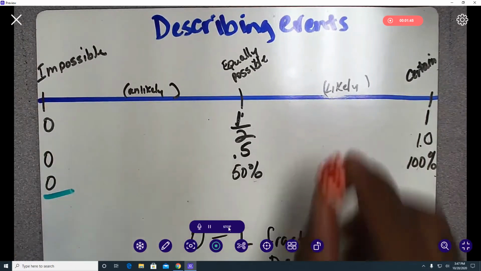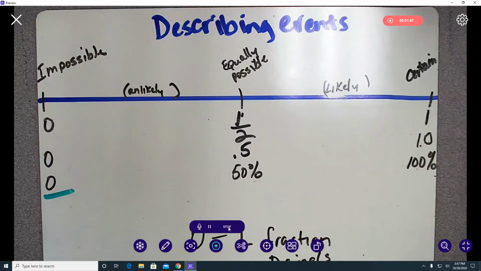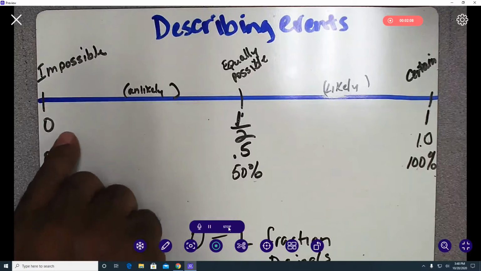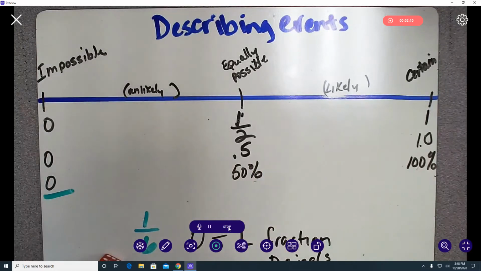Let's say with the same die, we want to know the probability of rolling a 2. And we find that probability is 1 over 6. And 1 over 6 is between 0 and 1/2. 1 over 6 is less than 1/2.